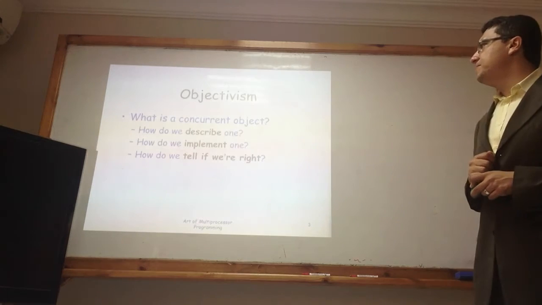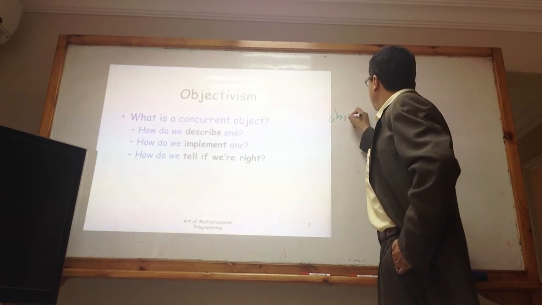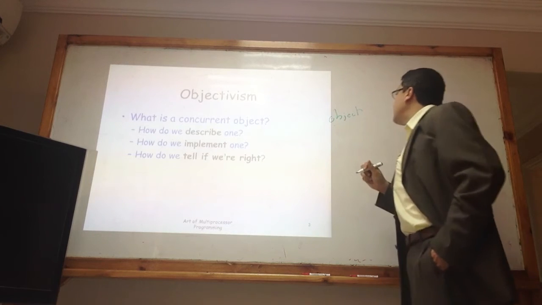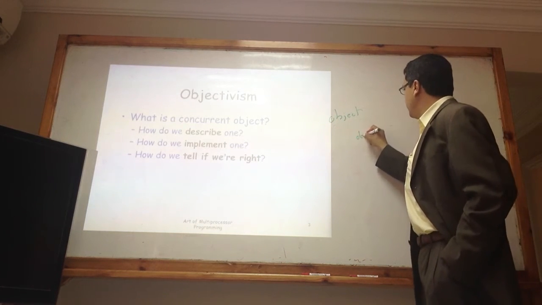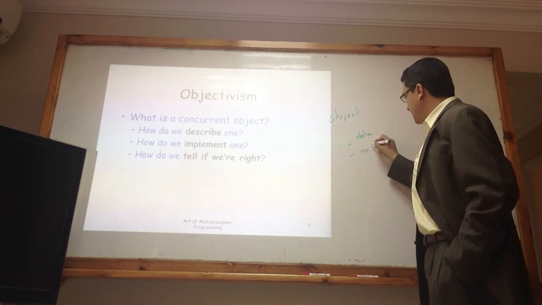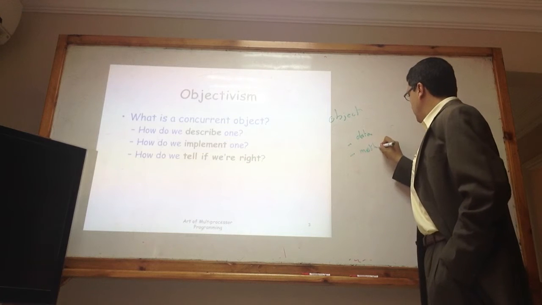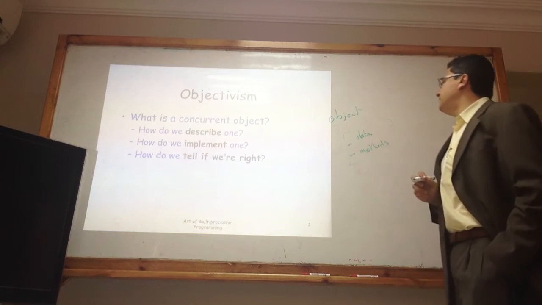Usually, in an object you have some data and you have some functions. Usually, the functions are called methods. These two are like one unit.